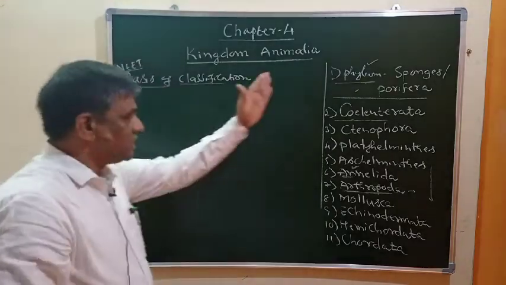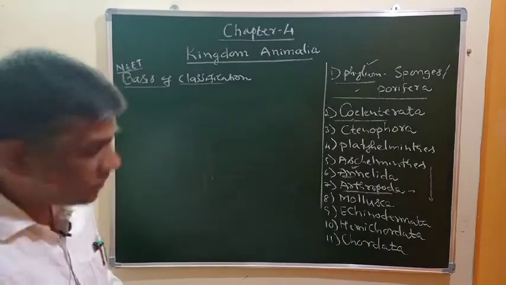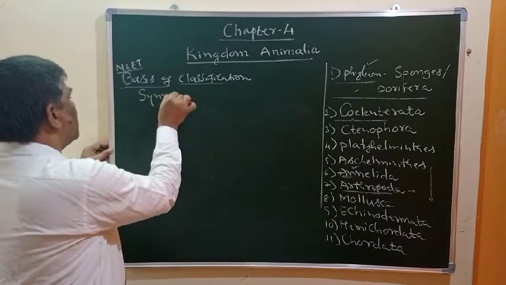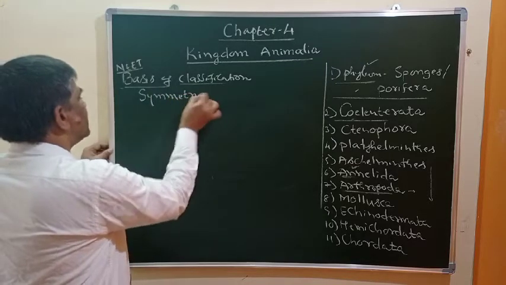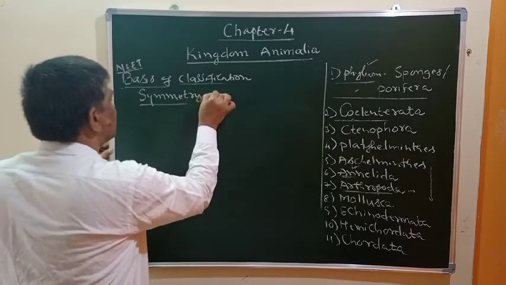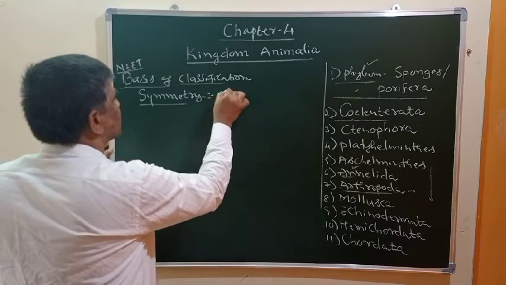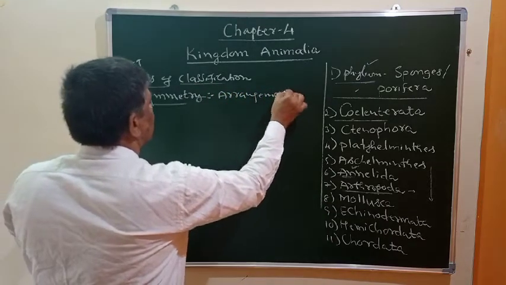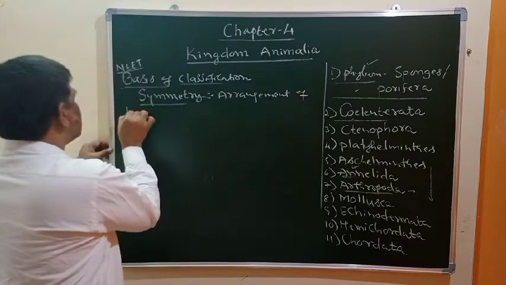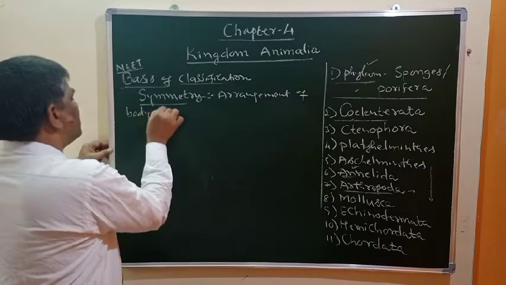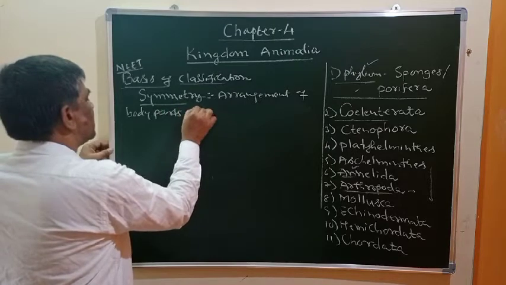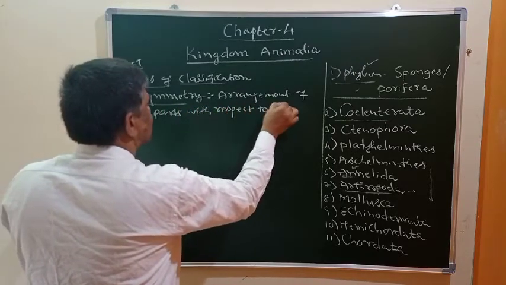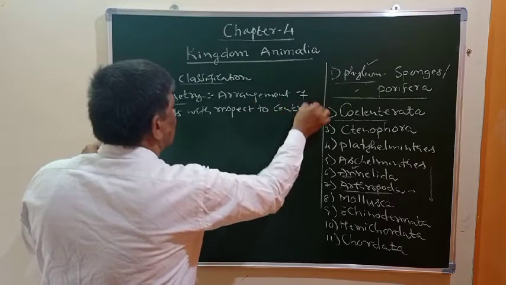I will leave this as it is so that you can follow now and then. Symmetry is nothing but the arrangement of body parts with respect to the central axis of the body.